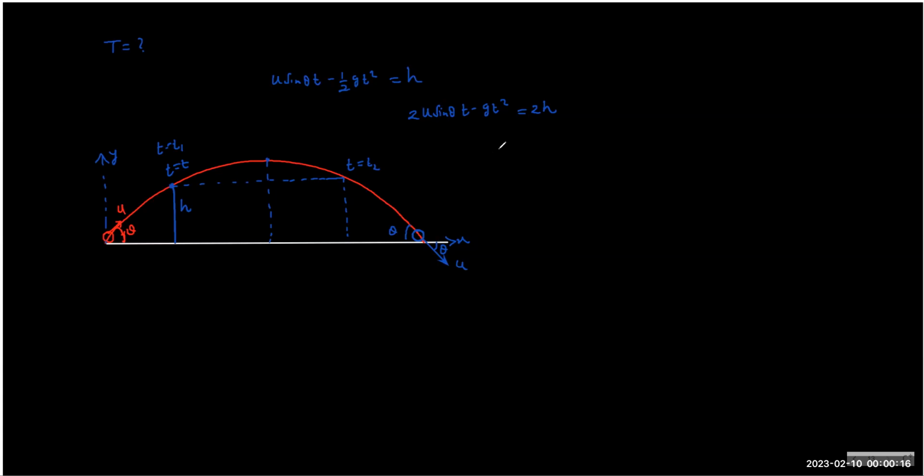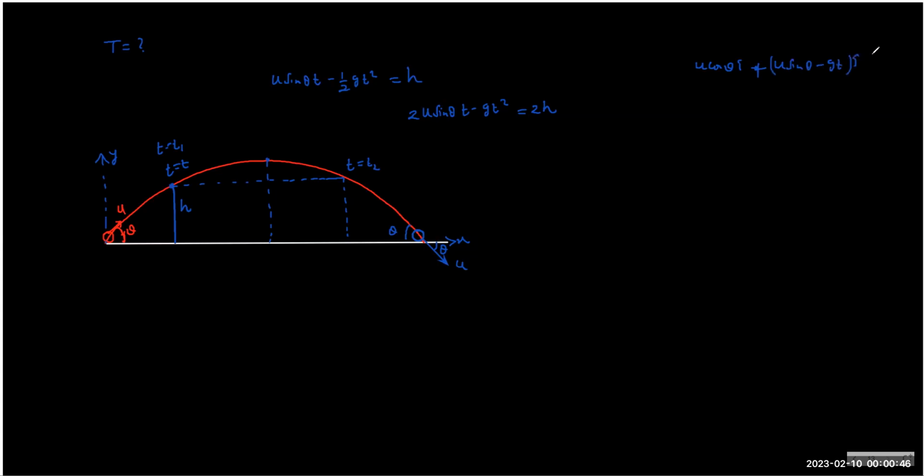So how are you going to write the dot product there? See, what can you write for velocity? Tell me what I have to write. u cos theta i cap plus u sin theta minus g t j cap.